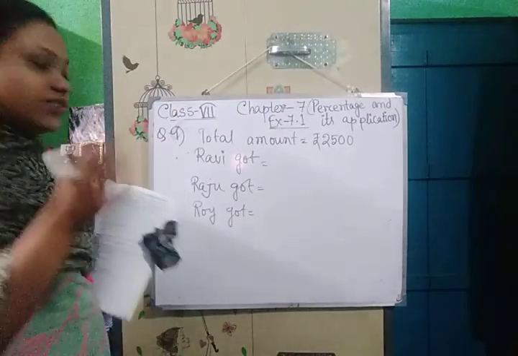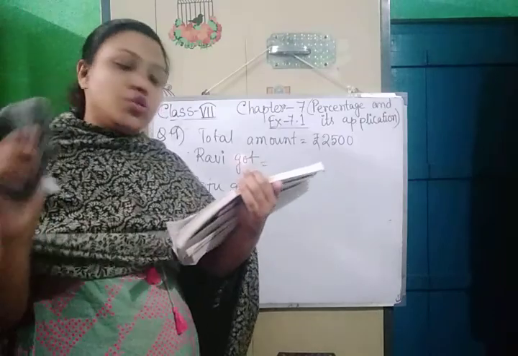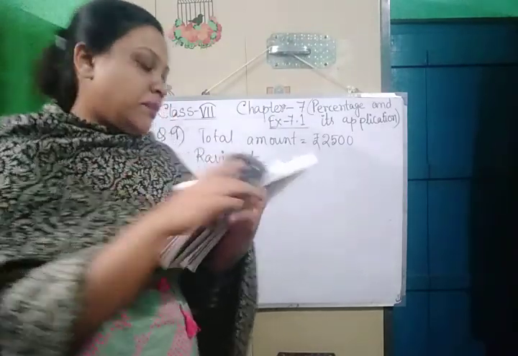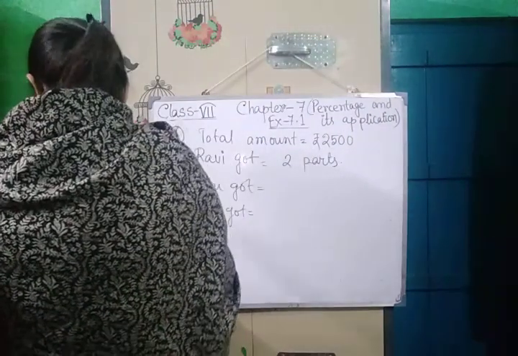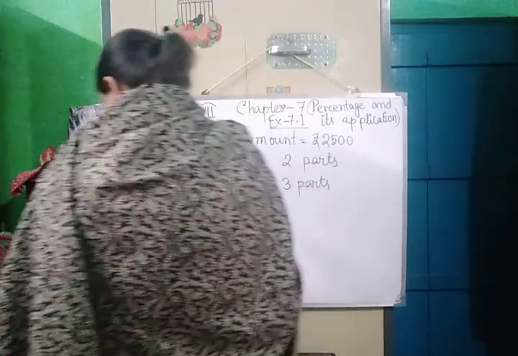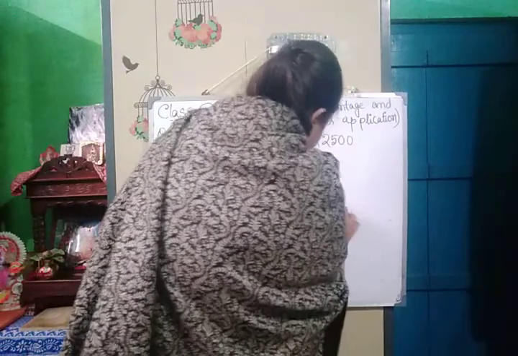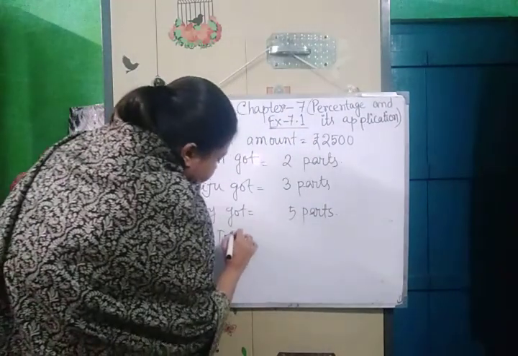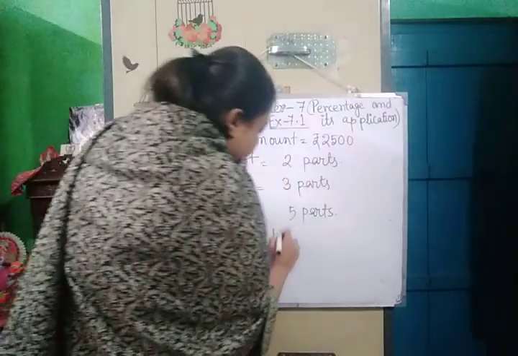What part did Ravi get? Ravi gets 2 parts. Raju 3 parts. And Roy 5 parts. So total, 5 plus 3 is 8, plus 2 is 10 parts.